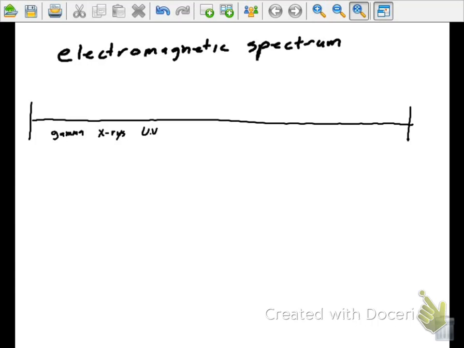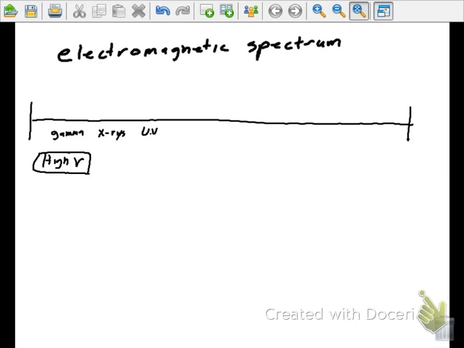Now these are all high frequency waves. They're high energy waves. So down here we have high frequency. Okay, that's the high frequency down here.